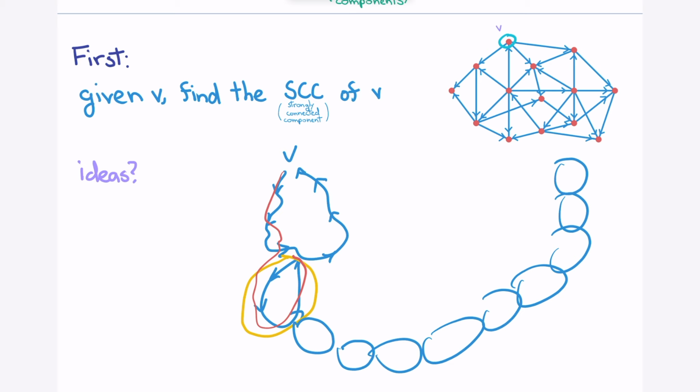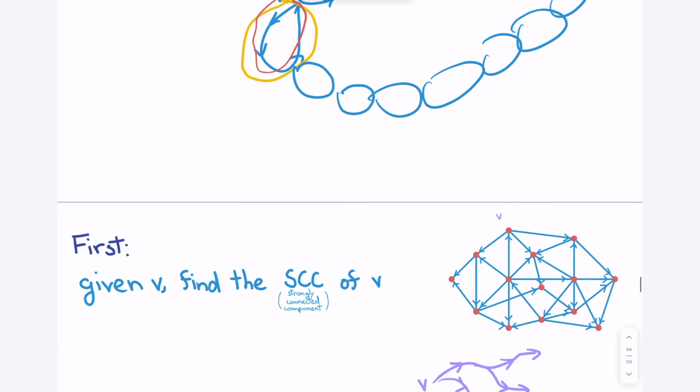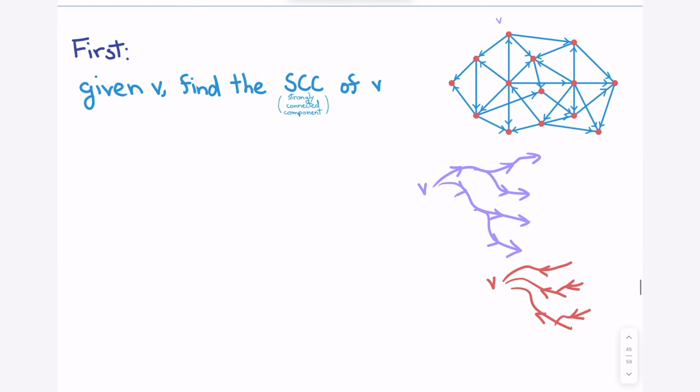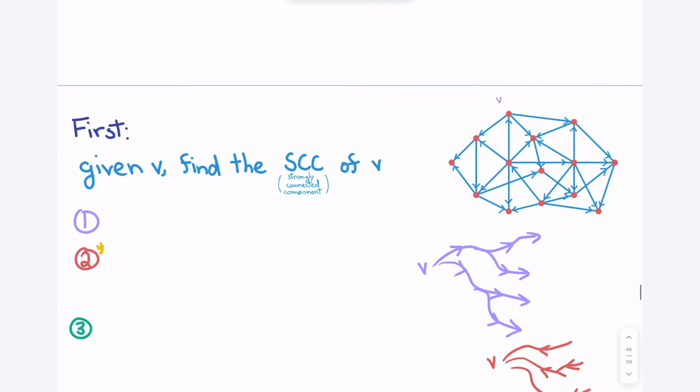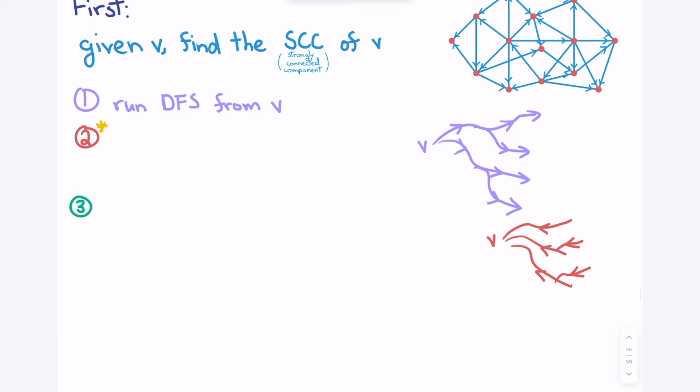The first step's correct. I'll run DFS from V, find everyone that V can reach. Now I want to get everyone who can reach V. Let's run DFS from V in the reverse graph.